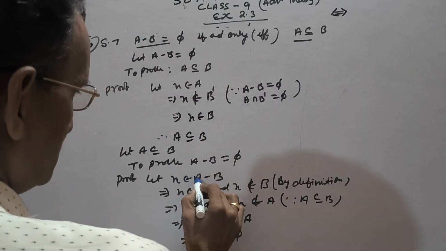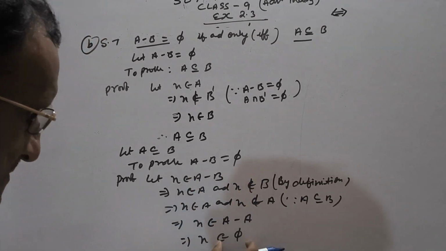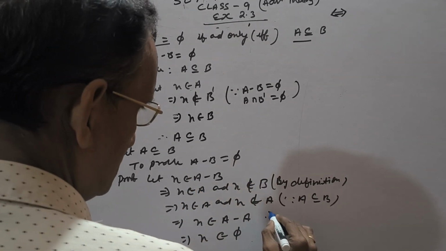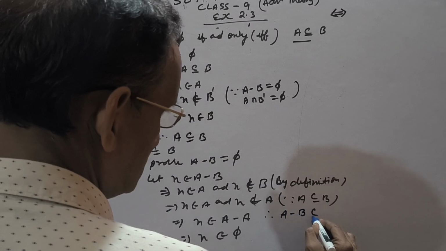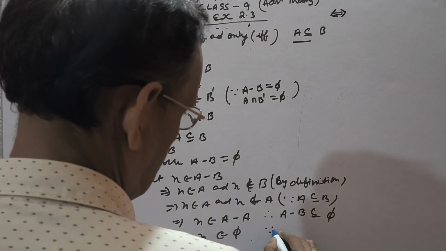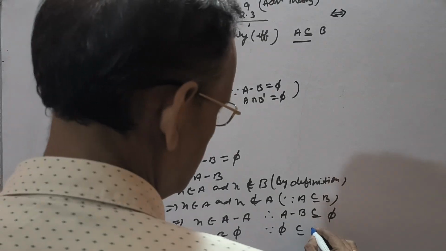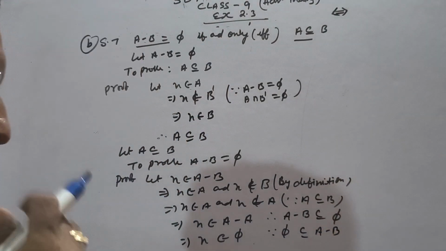Now see, we started with x belongs to A minus B. We have got x belongs to the empty set. Everything of A minus B is in the empty set. What is the meaning? Therefore, A minus B is a subset of the empty set. And since you know that the null set is a subset of every set, the empty set will be a subset of A minus B also.